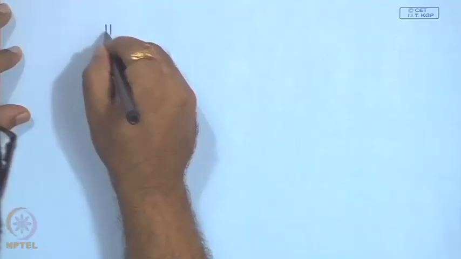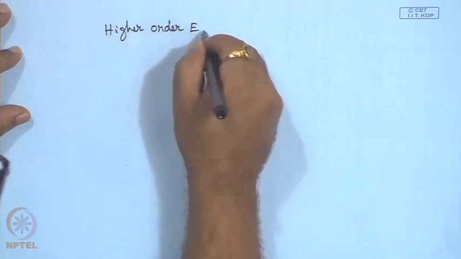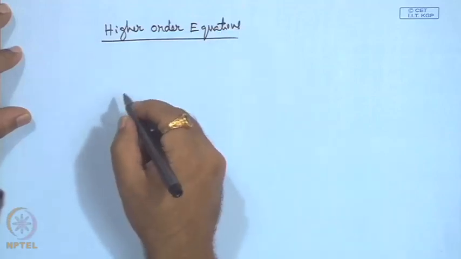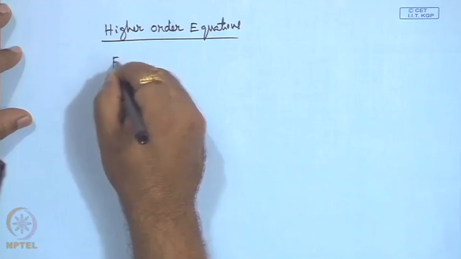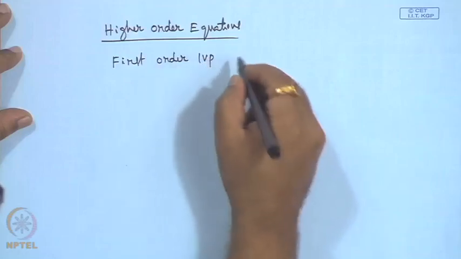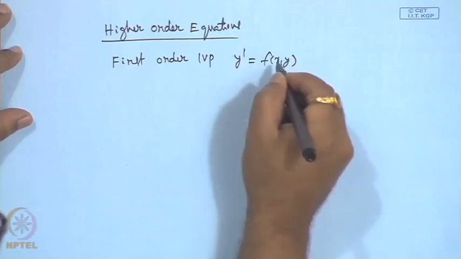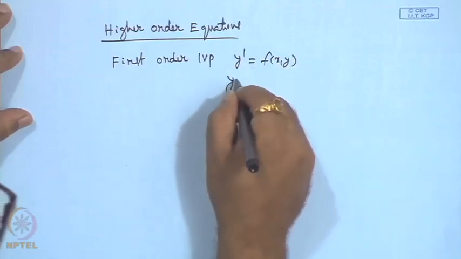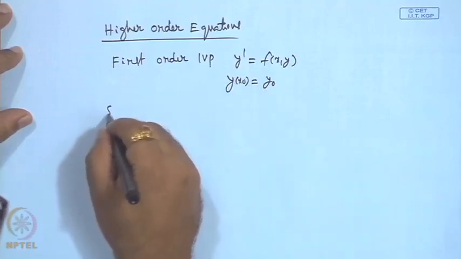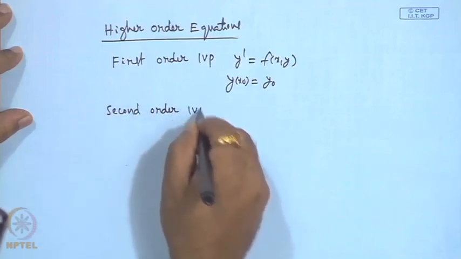Higher order equations. So, we have the first order IVP, y dash equals f of x, y, and y of x 0 is y 0. Then the second order IVP.